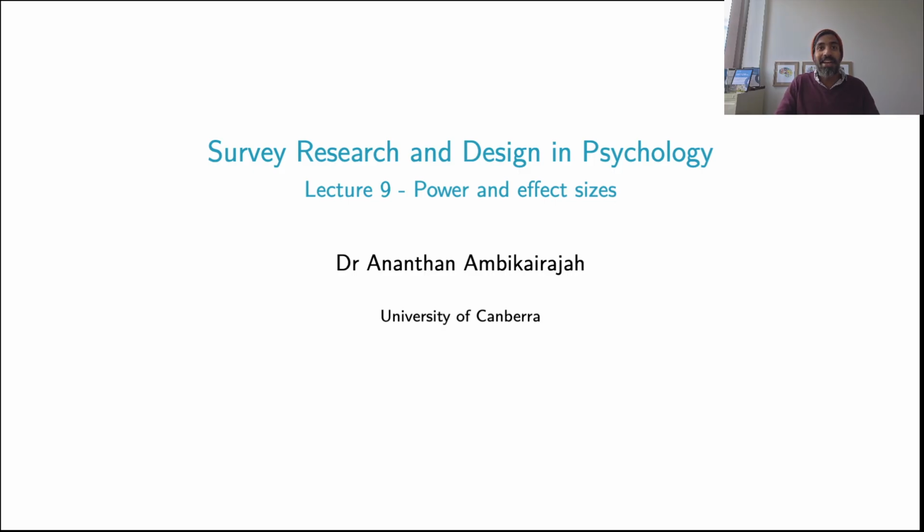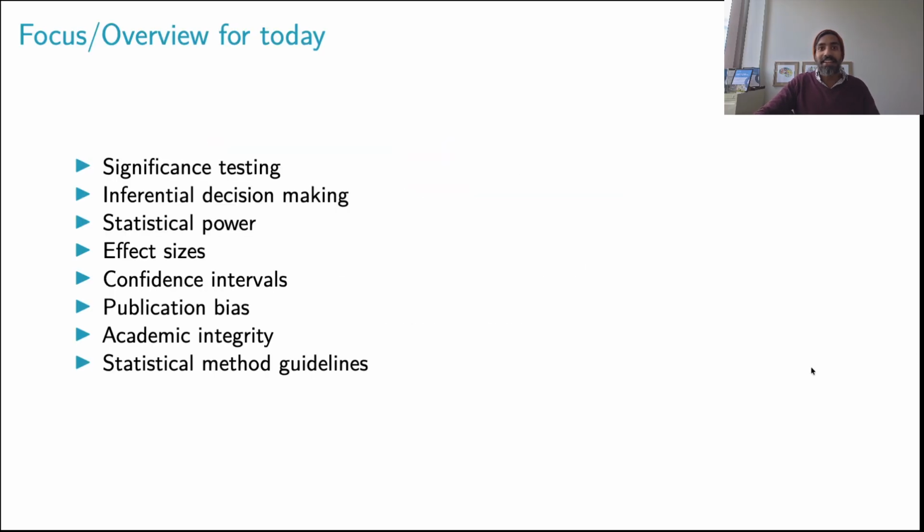Hopefully you are too. Before we get stuck into today's lecture, let me give you an overview, which I sort of already did, but we'll talk about significance testing, inferential decision making, statistical power, effect sizes, confidence intervals, publication bias, academic integrity, and statistical method guidelines.